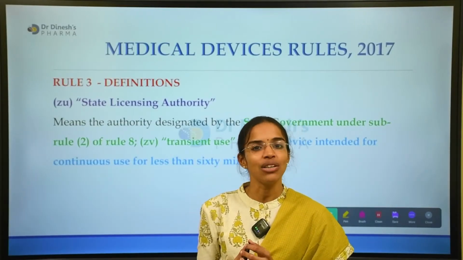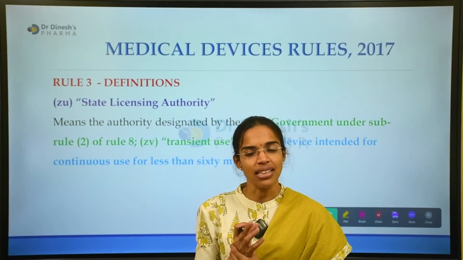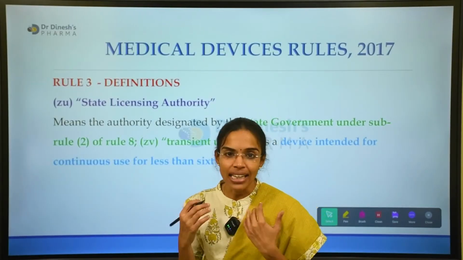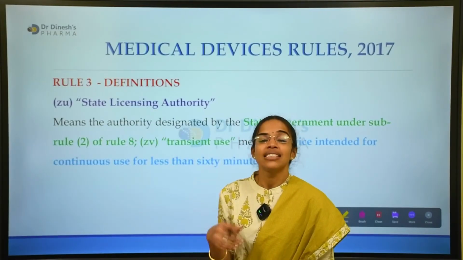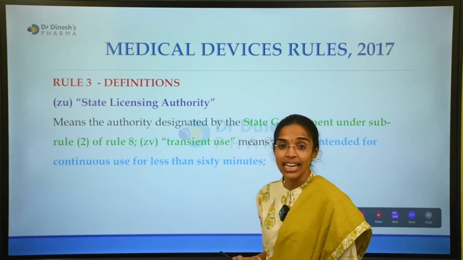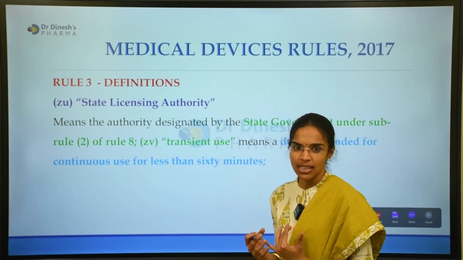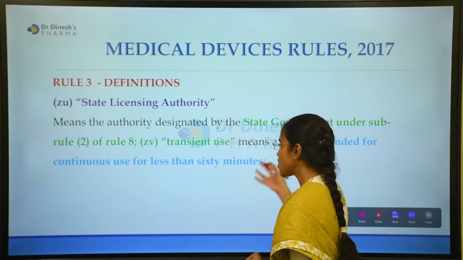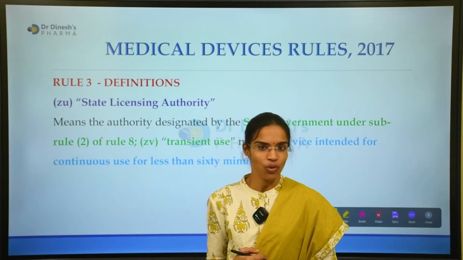Only in some places is the central licensing authority involved, and in other places the state licensing authority is involved in delivering a particular license or certifying it. That is known as the state licensing authority. Usually the state licensing authority has powers to license devices which are used continuously for less than 60 minutes only.